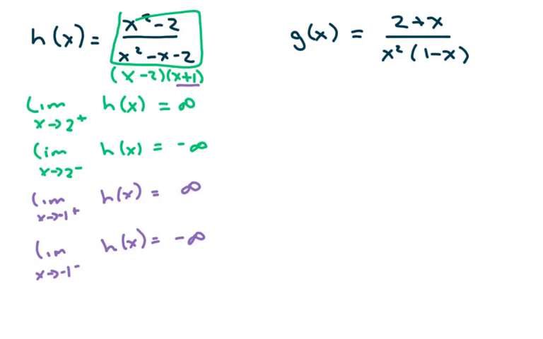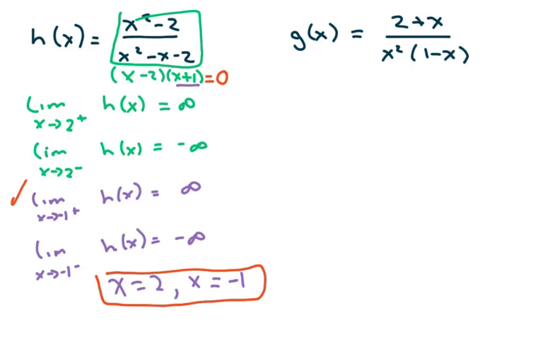So both x equals 2 and x equals negative 1 are vertical asymptotes. You should know that just setting the denominator to 0 gives you your vertical asymptotes, but this is the limit approach.